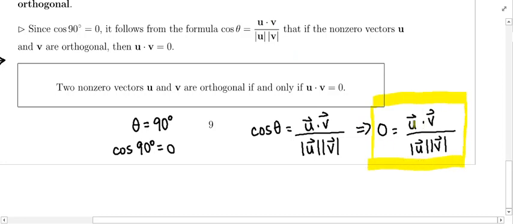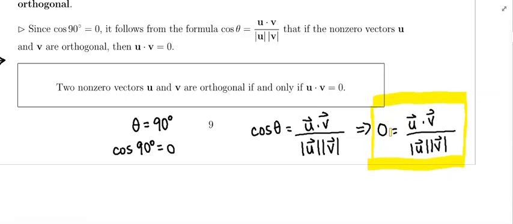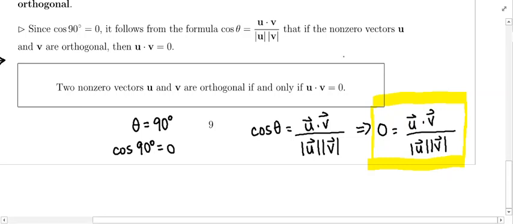So you have a fraction equal to 0. The only way a fraction can be equal to 0 is if the numerator is equal to 0. You can't have 0 in the bottom because you can't divide by 0. So the only way this can happen is if u dot v is equal to 0.